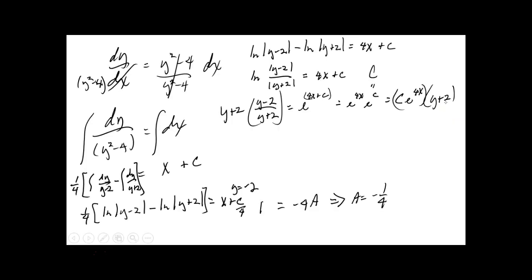Now, this will wipe out the y plus 2 here. And now we have y minus 2 is equal to C e to the 4x times y plus 2C e to the 4x. Agreed?